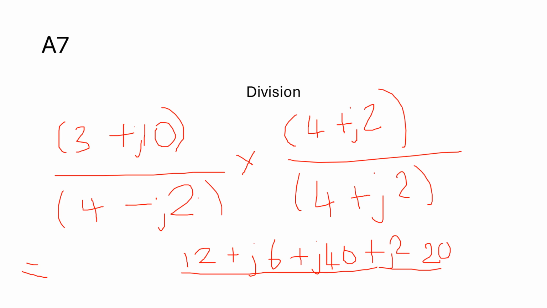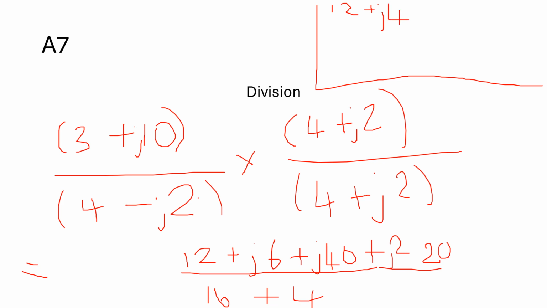And then at the bottom, we can just square the first term. We say, oh, 4 squared is 16. And then lastly, we say plus. It will always be plus when you're multiplying conjugates. And then you say 2 squared, that will be 4. So that means the answer that you will have at the top will be 12, and then you add 6 plus 40, which is going to be plus j46.